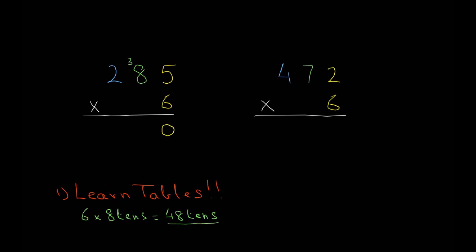With the 48 tens, please remember I have 3 tens that I've stored away. So 48 tens plus 3 tens makes 51 tens. I keep the 1 ten here, and the 50 tens get converted into 5 hundreds that I store over here. Now 6 times 200 makes 12 hundreds, and 12 hundreds plus 5 hundreds makes 17 hundreds.